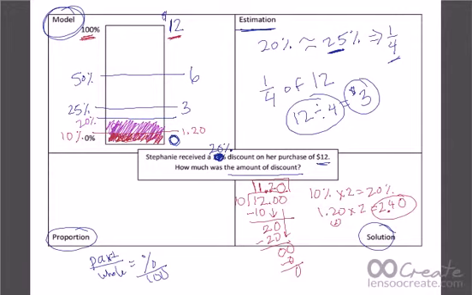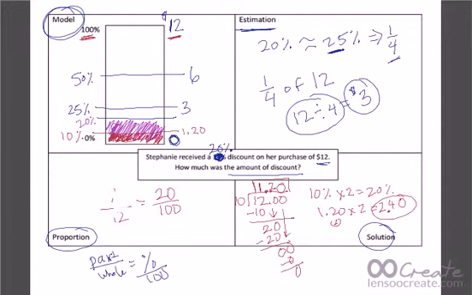The other way I could do it is I could write the proportion. Remember, part of a whole is percent over 100. Okay, I know 20% over 100. And then we can use X because we didn't know the discount over 12.